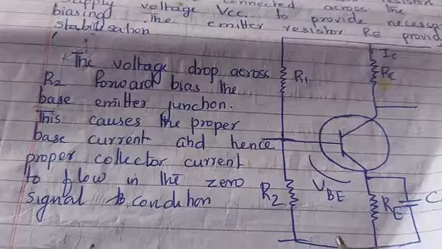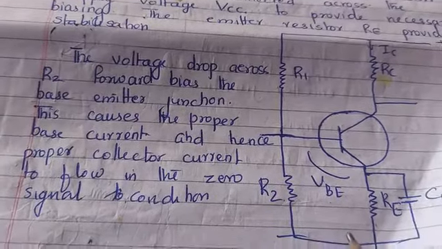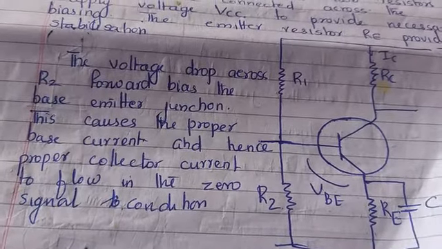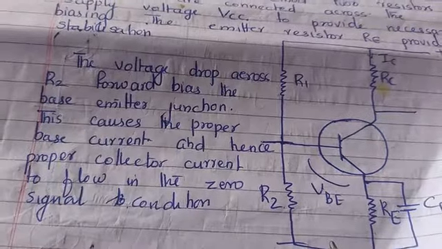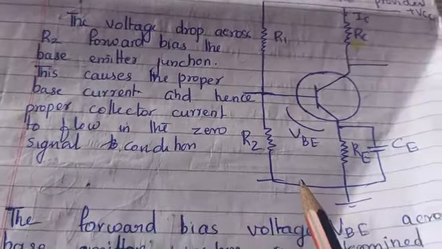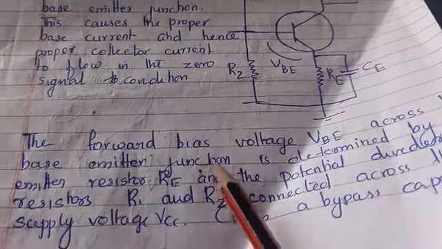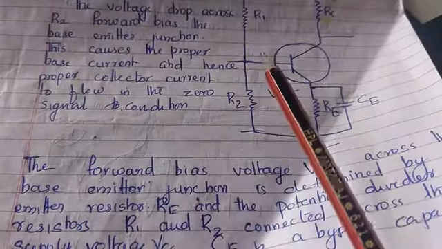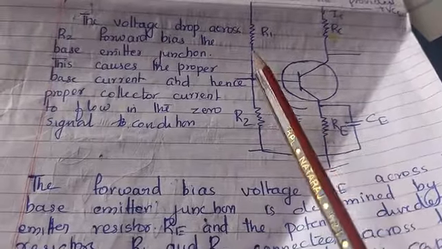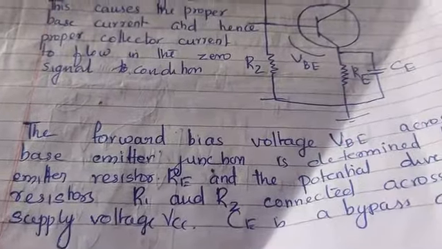For faithful amplification, the three required conditions are the zero signal collector current, zero signal base current and proper base emitter voltage. The forward bias voltage VBE across the base emitter junction is determined by the emitter resistor RE, then R1 and R2.